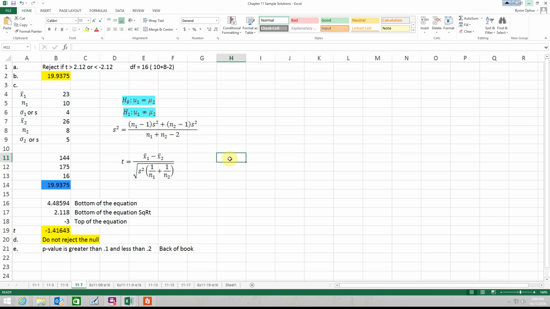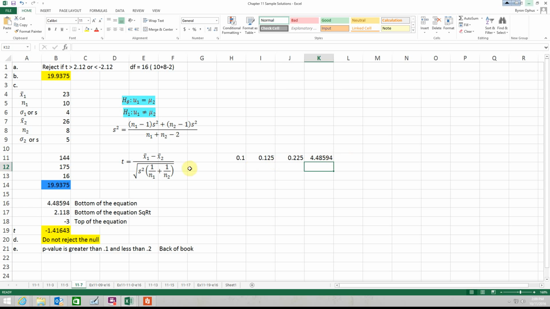I'd say this is equal to 1 divided by n1, and this is equal to 1 divided by n2. Okay, and I've got to add those two together, so this is equal to this one plus this one, 0.225 times my pooled variance, right? So this is equal to this times my pooled variance.